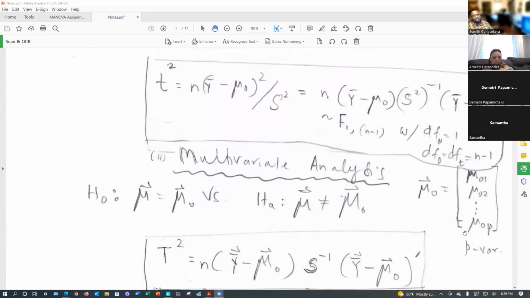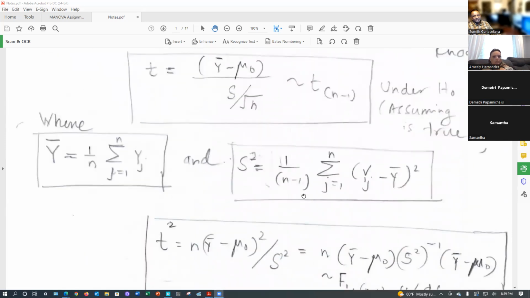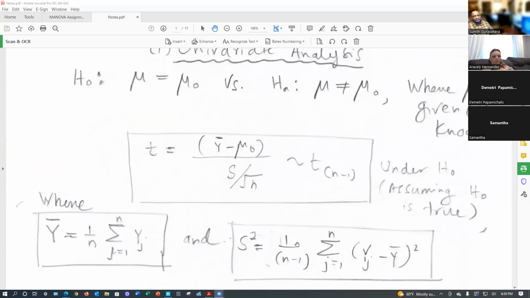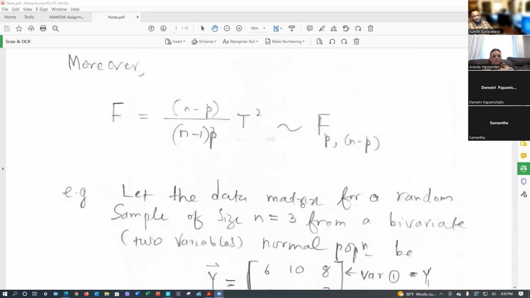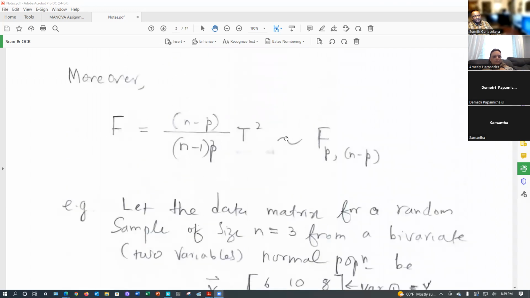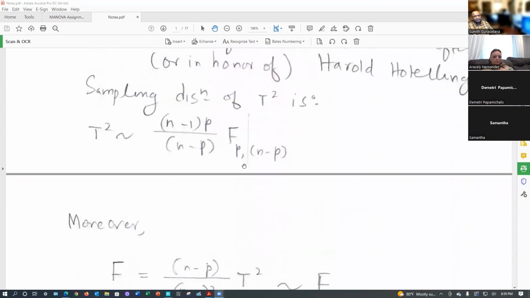How many variables? P many variables you tackle. If you have 2 variables, test 1 and test 2, you have 2 variables. In the beginning, you have 1 variable, p equals 1. Now we're going to go with the general formula, having degrees of freedom for the numerator, and this is for the denominator.